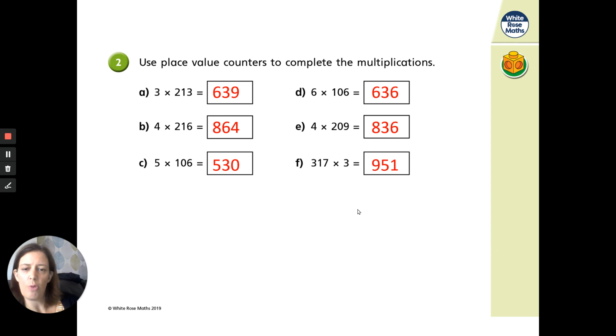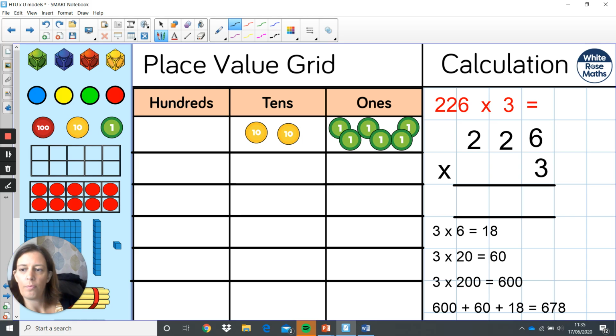And then we're going to move on to looking at these now using the short multiplication method. Okay, so here's what we've been doing before, but now I've written it in the short multiplication method, making sure I line up my ones, my tens and my hundreds carefully. Okay, so step one is to make the number 226 times 3.